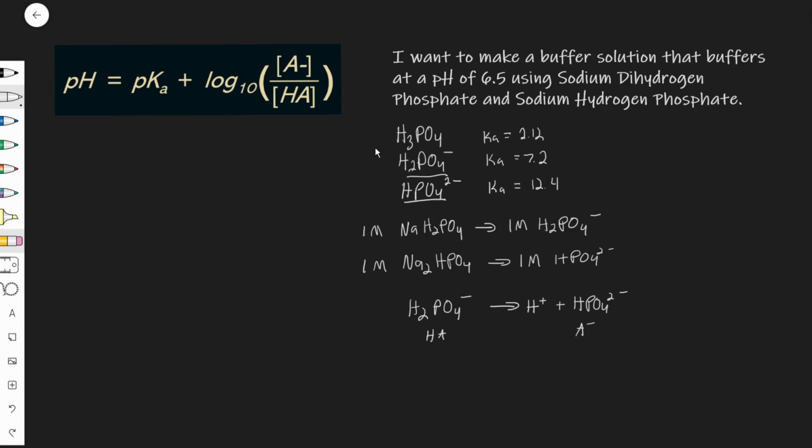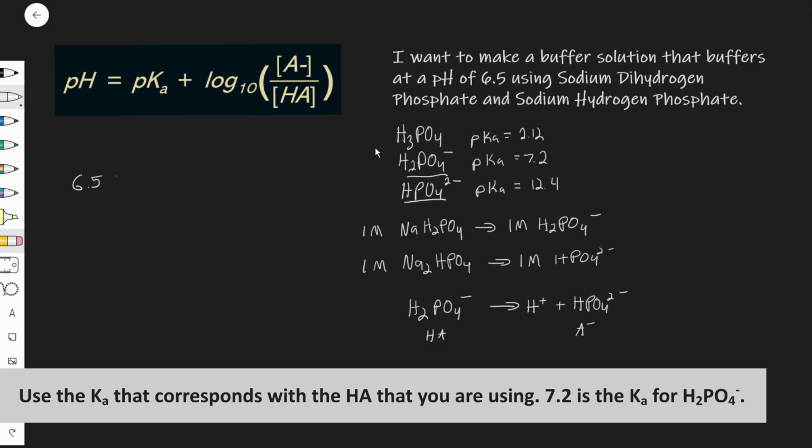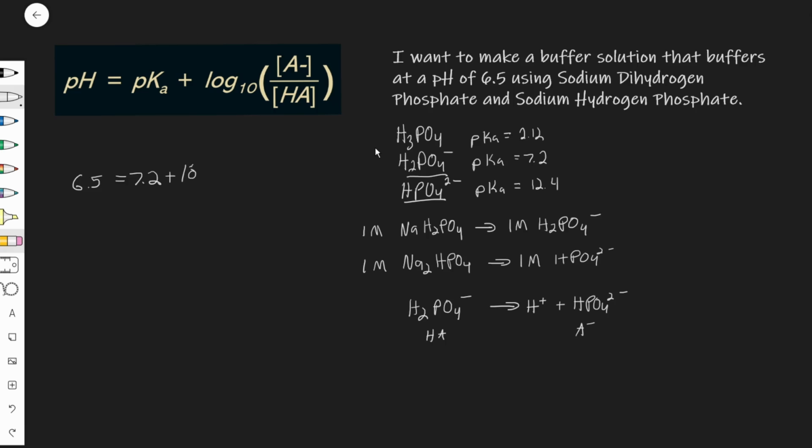So we know we want a pH of 6.5. And since we're working with this reaction, we're going to say 6.5 equals 7.2 plus our base 10 logarithm of our A minus, which is the concentration of HPO4 2 minus, divided by the concentration of our H2PO4 minus.